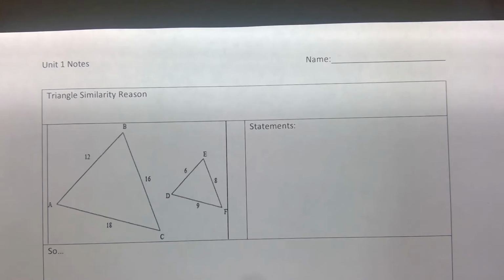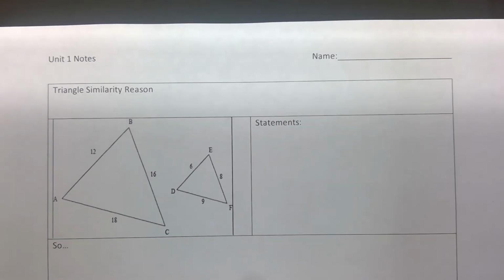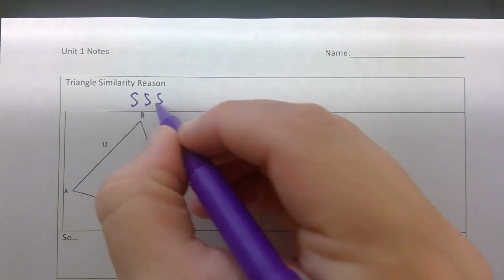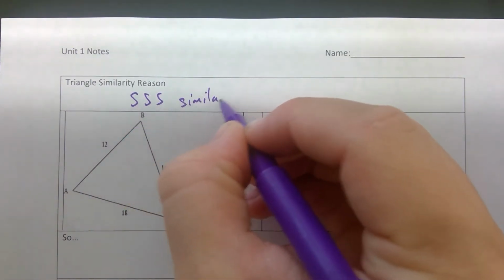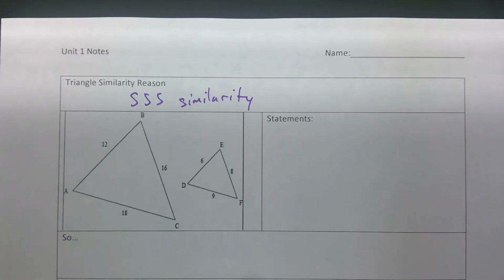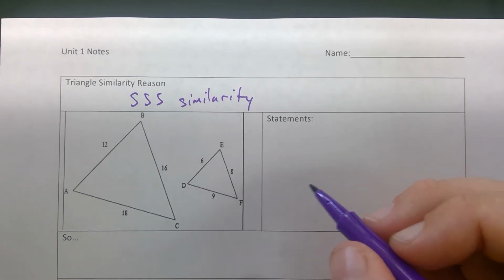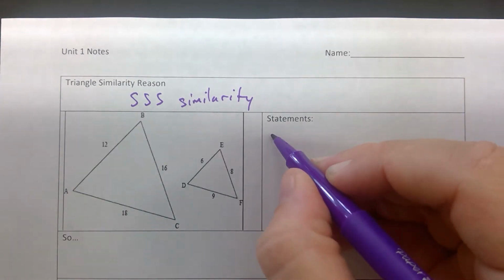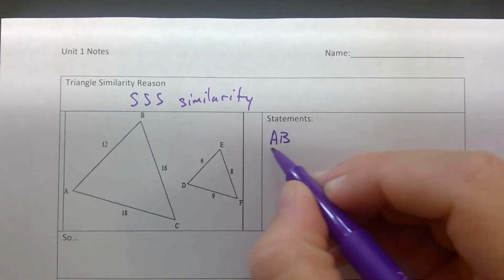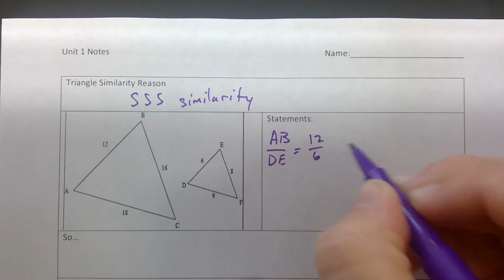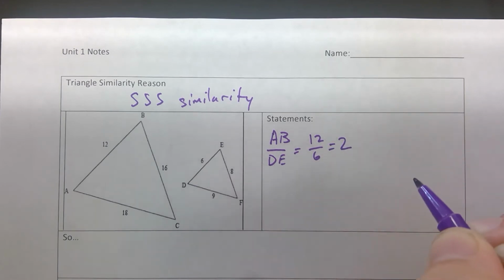Our first way of showing that is through side, side, side similarity. Okay, so that one's kind of straightforward because all pairs of sides have to be proportional. So if I'm looking through these two triangles here, think back to when we did dilation. So AB over DE equals 12 over 6, which is 2.